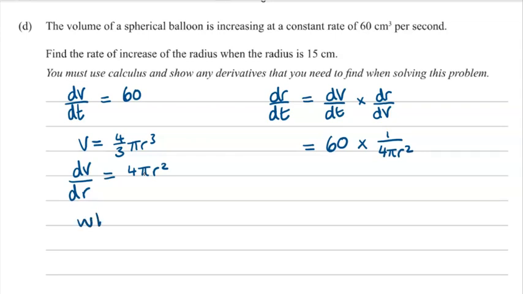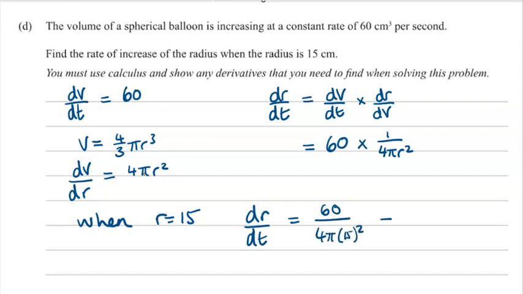And so we want to work this out when r is 15. So dr by dt will be equal to 60 over 4 pi times 15 squared, which comes to 1 over 15 pi, or 0.0212. And if we just check on the units we're using, the radius is measured in centimeters and the time is measured in seconds, so centimeters per second.